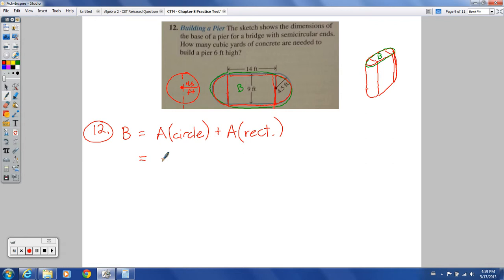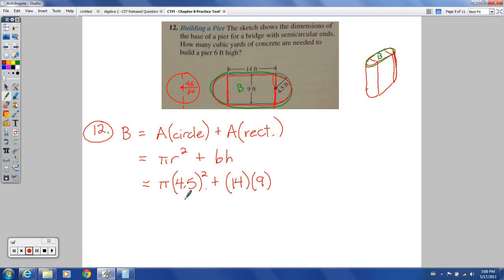The area of a circle is pi r squared, and a rectangle is just base times height. So here you're going to have pi times 4.5 squared, and then the base of the rectangle is 14, and the height perpendicular to that base is 9.